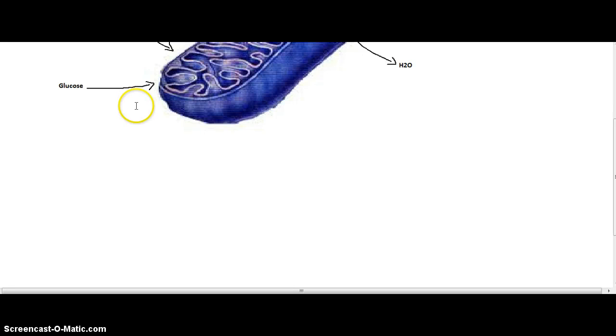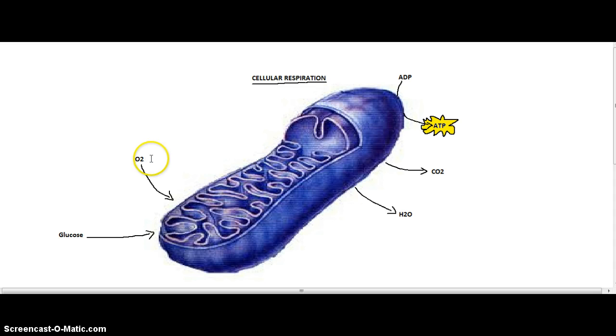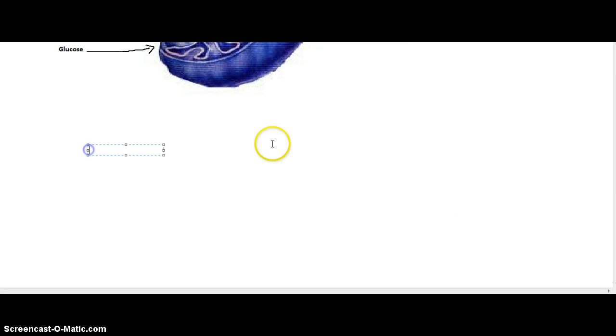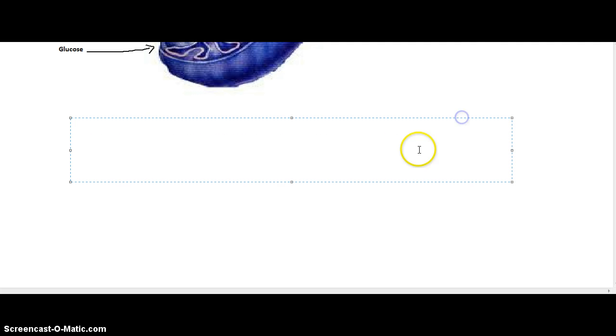What you need to know is that the overall things you need for cellular respiration are oxygen and glucose going in, and mitochondria is the organelle of cellular respiration, and it converts ADP into ATP, and it also produces carbon dioxide and water.